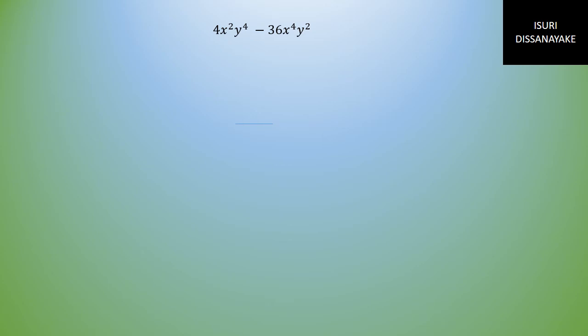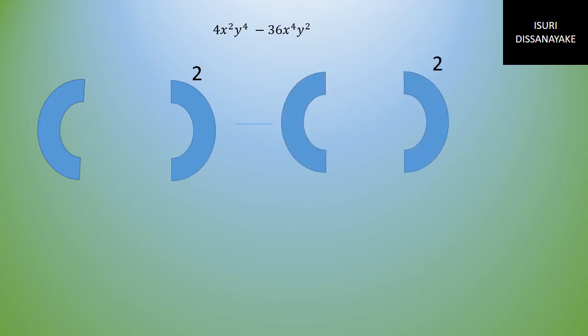Look at this. This is a little different. You have 4x squared y to the power 4 minus 36x to the power 4 y squared. So this is the format, right? Difference of 2 squares.